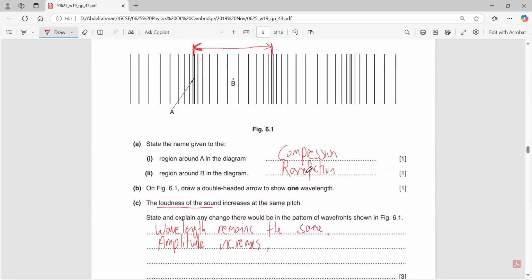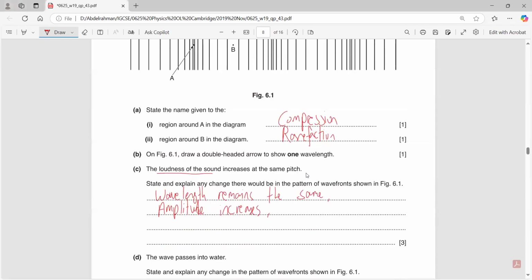All you need to think about is that the compressions will be compressed even more, and the distance between the molecules in the rarefaction will increase. Basically, the distance between the wavefronts in the rarefaction would increase, and the distance between the wavefronts in the compression will decrease. The compressions will get closer, and the rarefactions will get further apart.